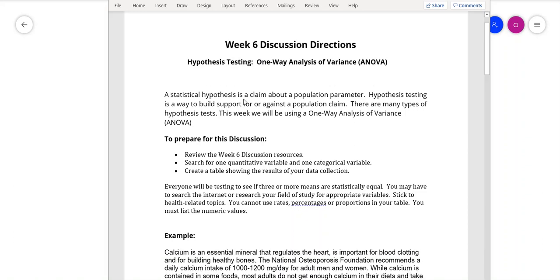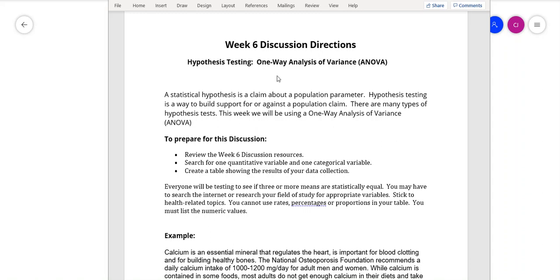And again, we're still testing claims about population parameters, and in this case, we're talking about means. We have done testing of means before. We had a one sample mean t-test, and then we compared two samples and tested the means.